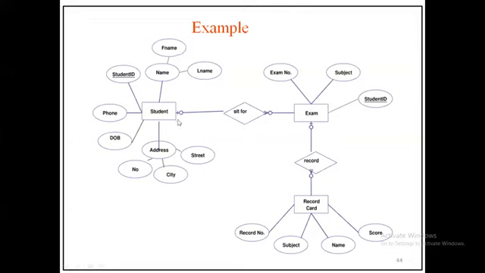If there is more than one entity, we need to provide a relationship between the two entities. Student sits for exams, exam record, record card. Record is a relationship, sit for is a relationship, student is one entity, exam is another entity, and record card is also one of the entities.